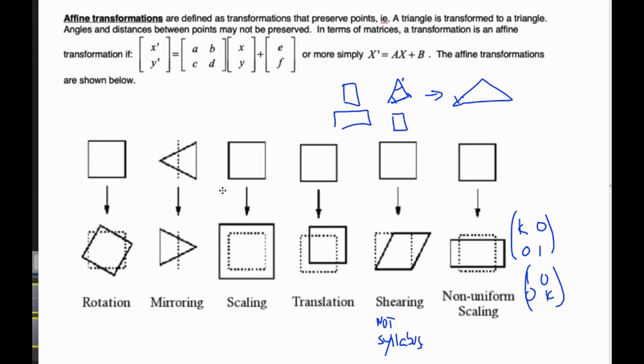Okay, and so we've looked at all these scenarios. These ones here are multiplication of a sort, and the translation is when I add a vector onto it. So this one here is the translation. Affine transformations can all be written as a matrix equation like this, or a matrix equation like that.